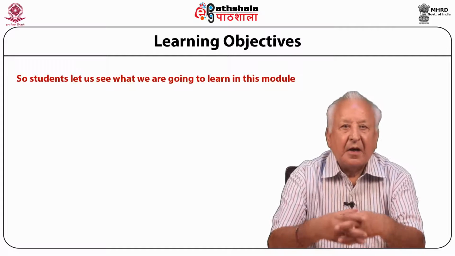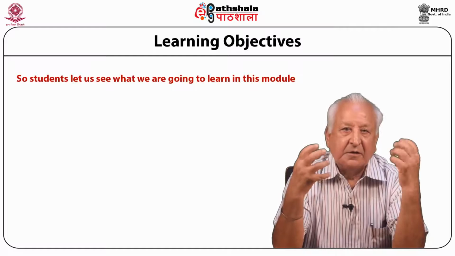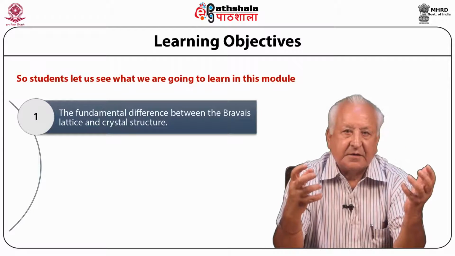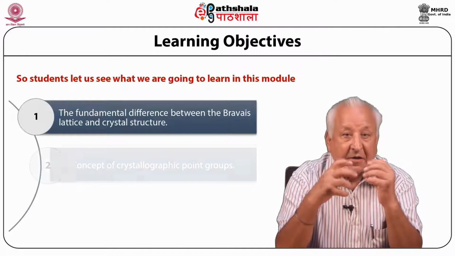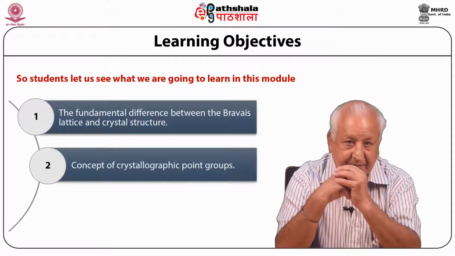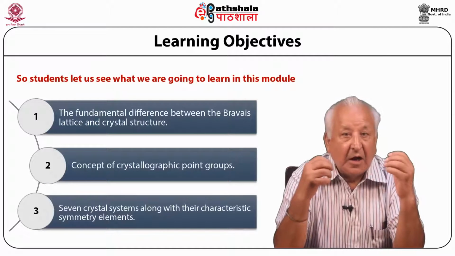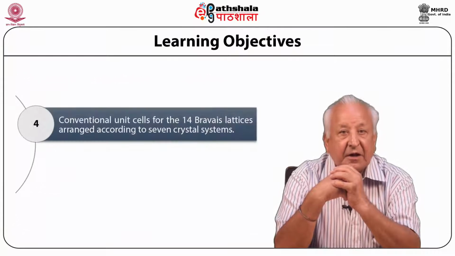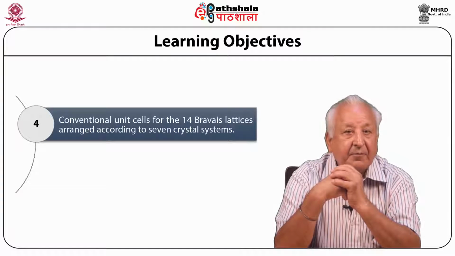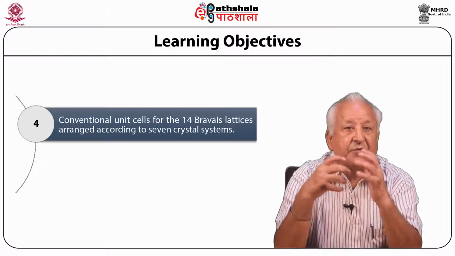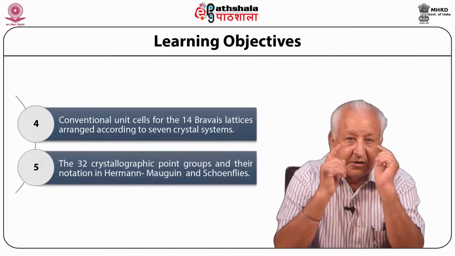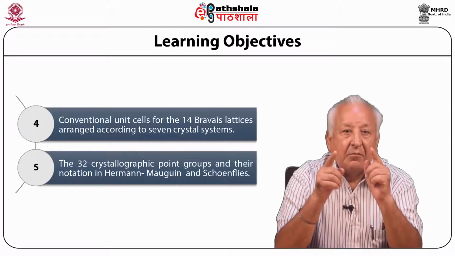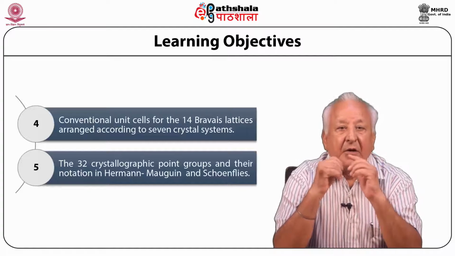Students, let us see what we are going to learn in this module: the fundamental difference between the Bravais lattice and crystal structure, the concept of crystallographic point groups, the 7 crystal systems along with their characteristic symmetry elements, conventional unit cells for the 14 Bravais lattices arranged according to the 7 crystal systems, and the 32 crystallographic point groups and their notation in Hermann-Mauguin and Schoenflies notation.